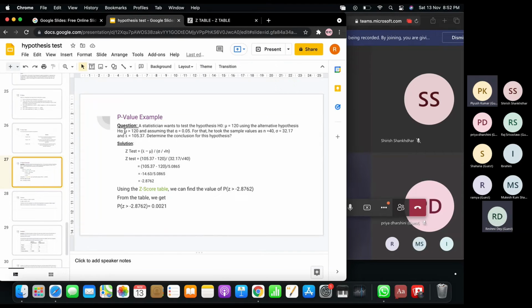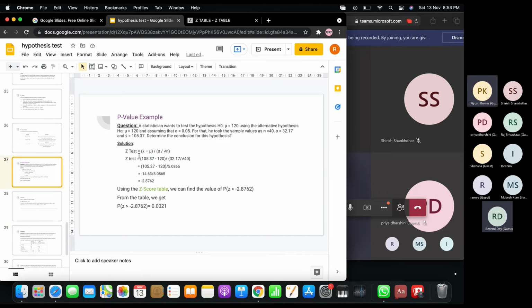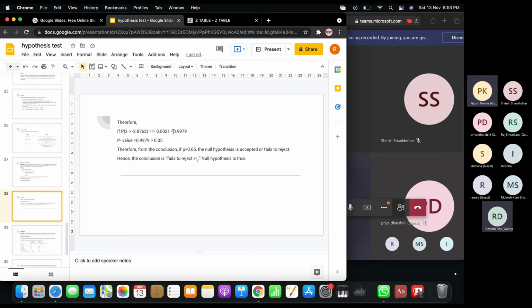And since our alternative hypothesis has the greater sign, it is a right-tailed test. So we calculate 1 minus 0.021, which gives 0.9979.